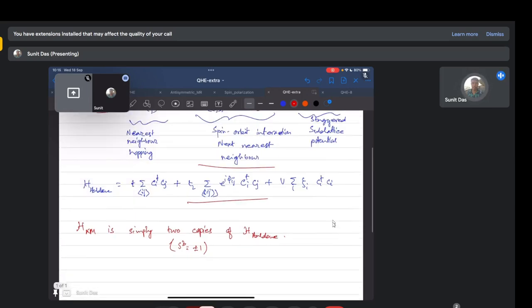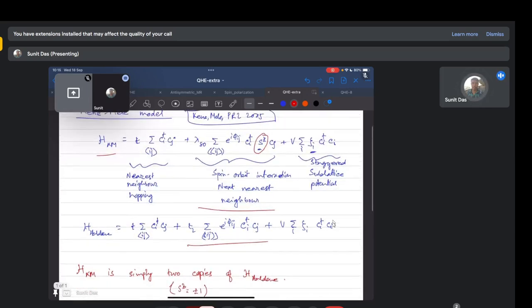can explicitly show that this Kane-Mele Hamiltonian doesn't break parity symmetry unless the sublattice potential is there. So these two terms don't break parity symmetry, whereas the sublattice potential breaks it.